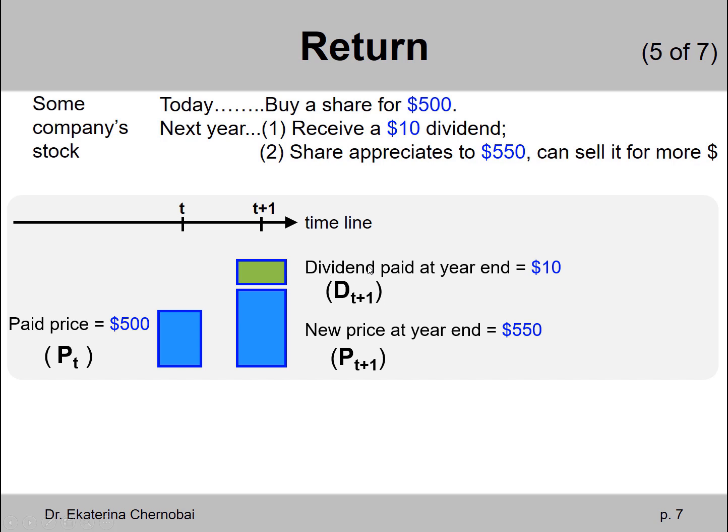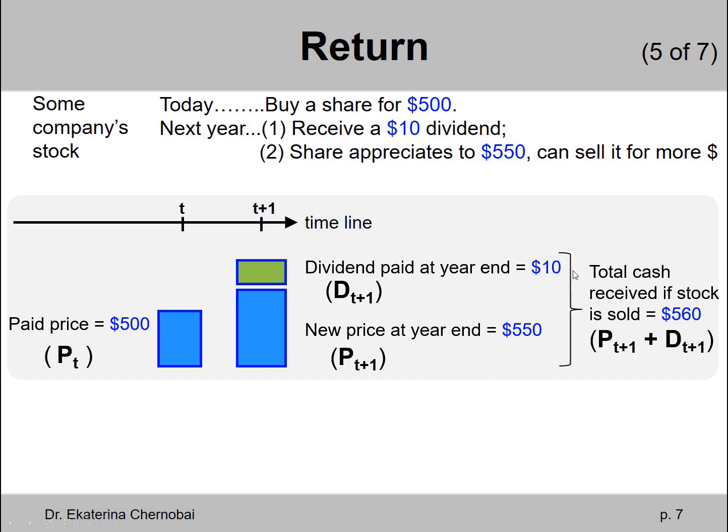The notation for dividend, as always, is capital letter D, and the subscript to indicate time t plus 1 is t plus 1. So altogether, if you sell your share after 1 year, the total cash received will be $560, which is the sum of the $550 new price at year end and the $10 dividend paid at year end.